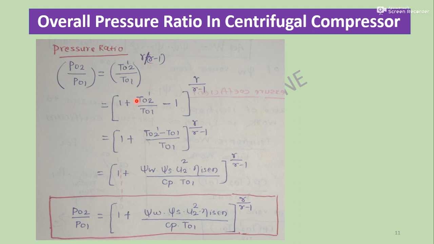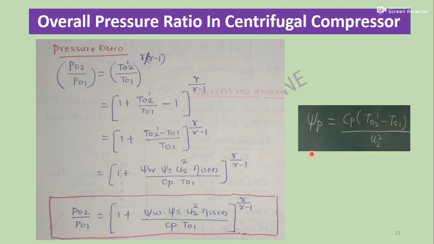Now we do one arrangement, we add and subtract 1. Then we have 1 plus, taking the LCM, T02 dash minus T01 divided by T01, the whole bracket raised to gamma upon gamma minus 1.